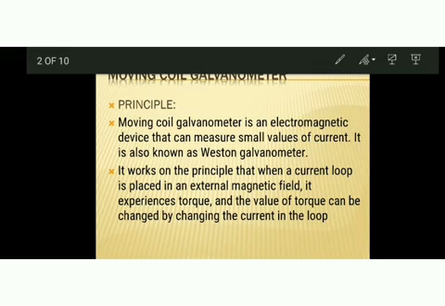Whenever a rectangular coil is placed in a magnetic field and current is flowing through that coil, it will experience a torque, and due to that torque, the coil starts to rotate. The same principle is behind the working of our moving coil galvanometer.